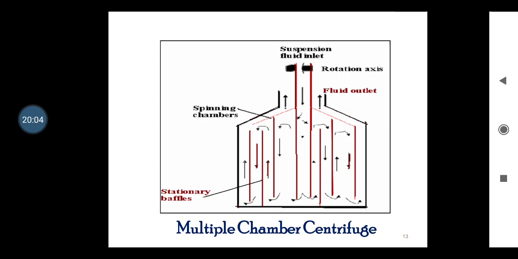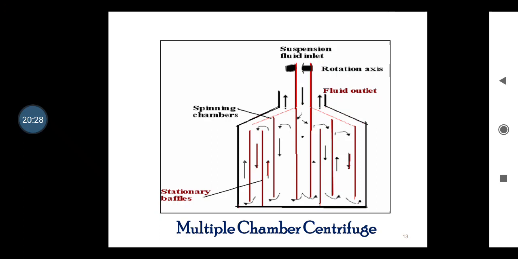So depending upon the fluid velocity, the fluid will move forward. But as far as heavier particles, that is higher density, and lower density are concerned, if the particles possess higher density, they will settle at the bottom.